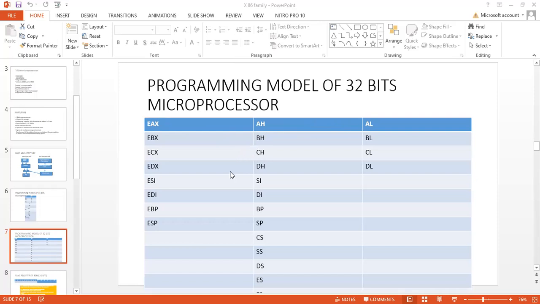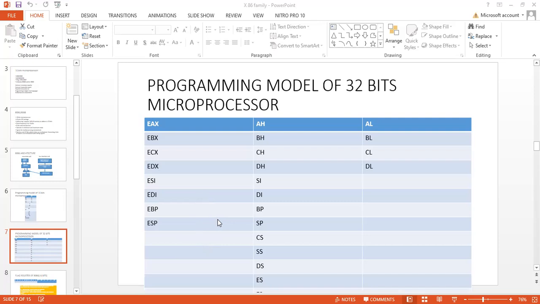Then you have the extended SI and DI, that is source index and destination index, again 32-bit index registers, which are basically used in the string operations. Then you have the pointers, base pointer and stack pointer. These are again your 32-bit registers, which basically point to the base address.